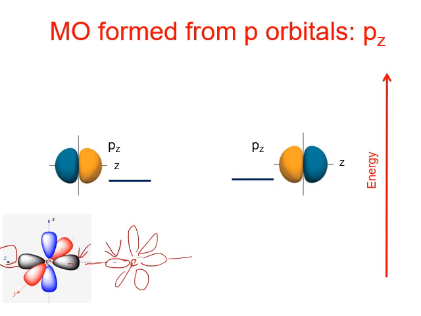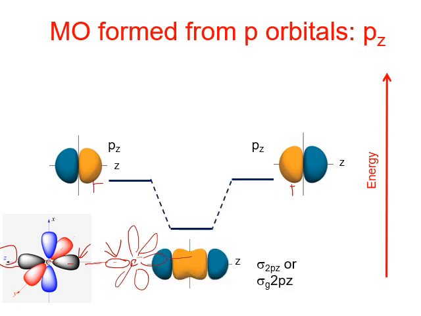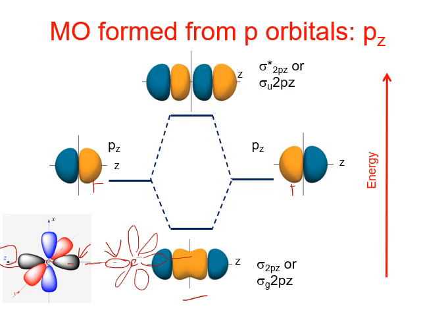Here it shows that when they add together, if they have the same sign, they form a bonding molecular orbital, and if they have different sign, they form an anti-bonding molecular orbital.